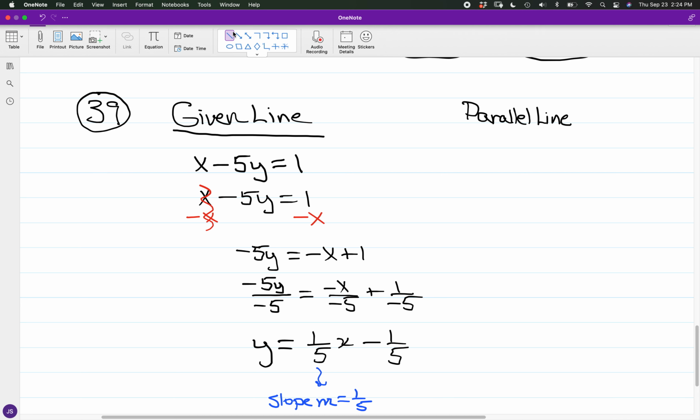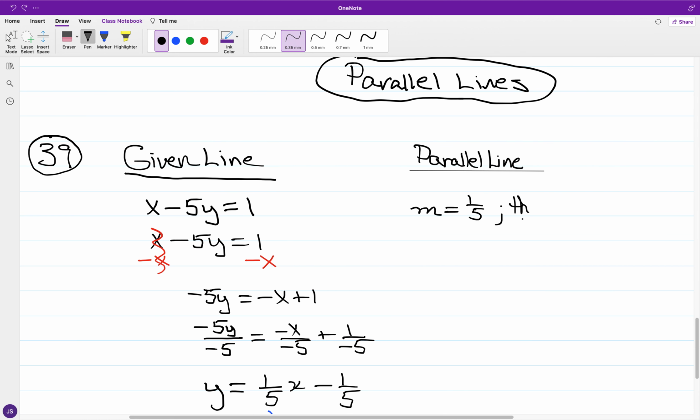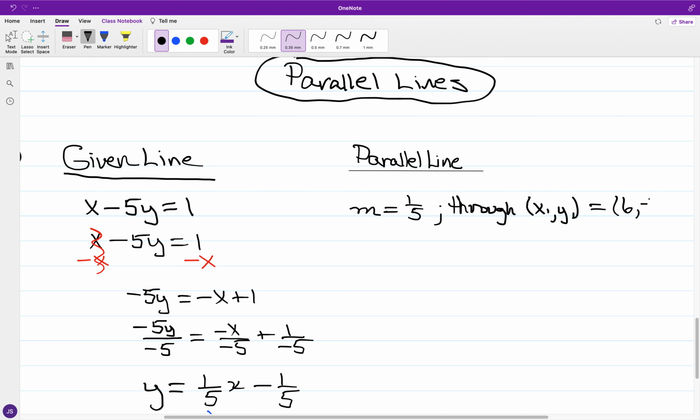And now the parallel line is going to go through the ordered pair 6, -4. And so just getting things set up, we have the point slope equation substitution.